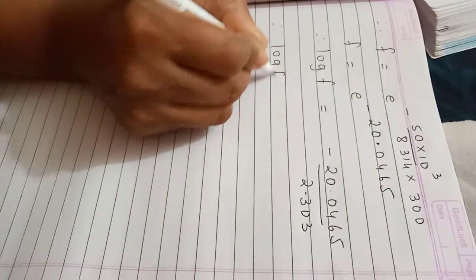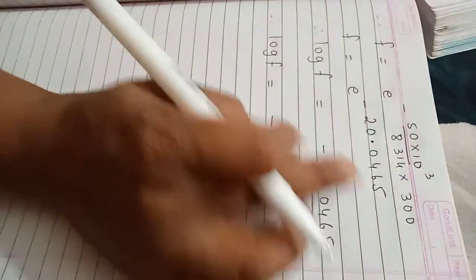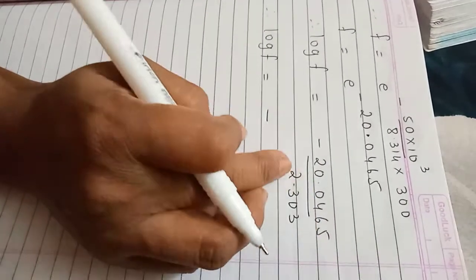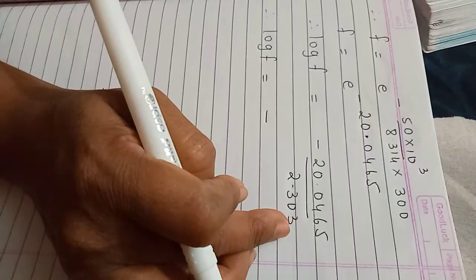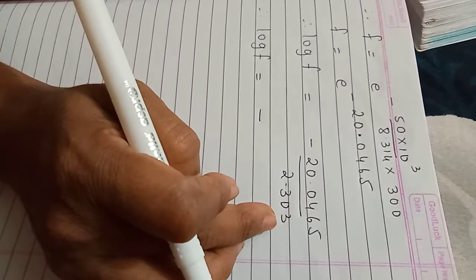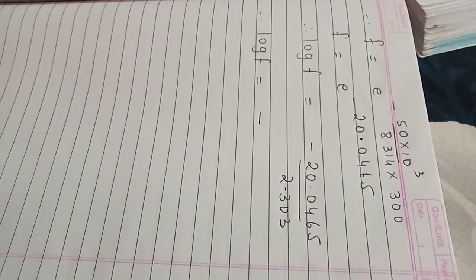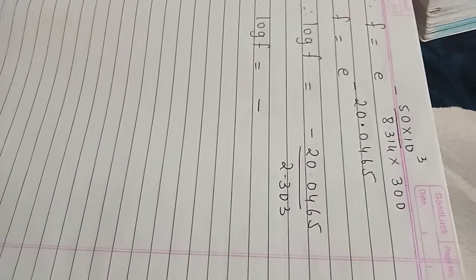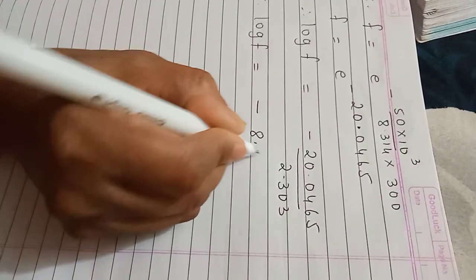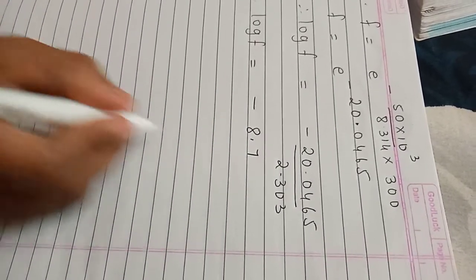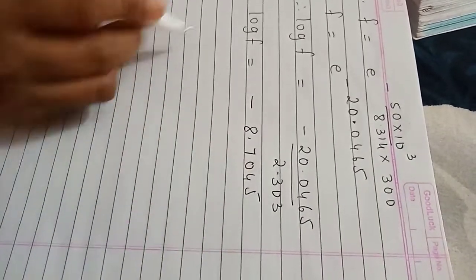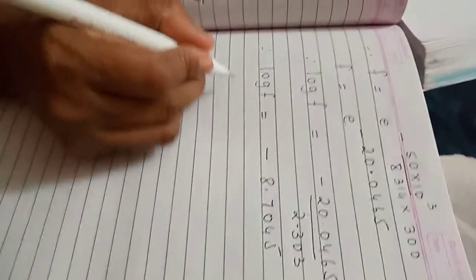Again students, log F is equal to minus, keep it as it is, 20.0465 divided by 2.303. Take the log, subtract, anti-log. What do we get? Students, you get minus 8.7045. Now we need F. You are not interested in log F.